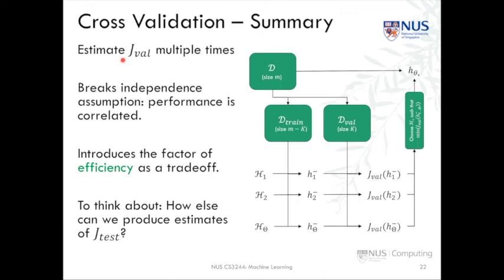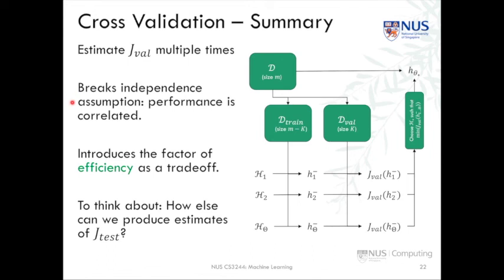We fixed this in cross-validation by doing this estimate multiple times. But we saw that when we do this, it breaks an independence assumption. The different cross-validation errors are not independent of each other because their training data is actually correlated.